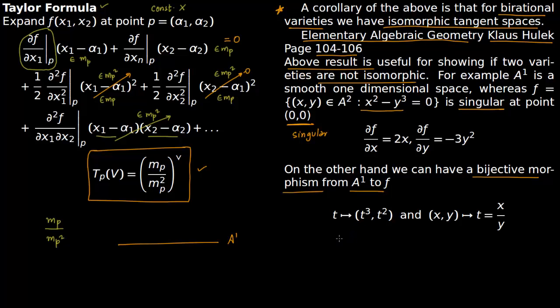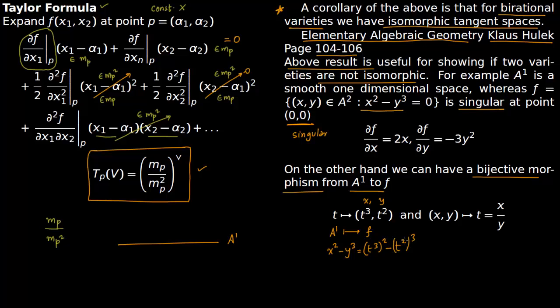So this is important. So for example, you can construct from A1, you can go to your F. So this is point x and point y, and you can plug it in here and see it satisfies this equation. So see x square minus y cube, you plug in t cubed squared minus t squared cubed.